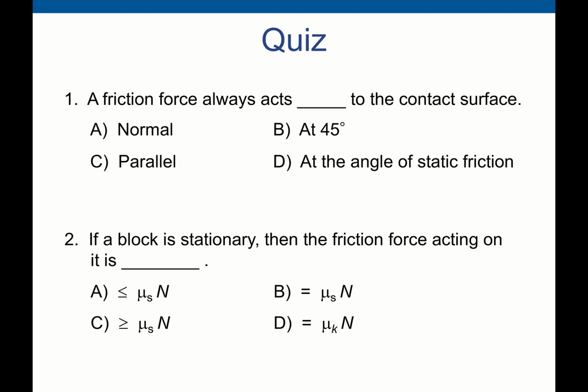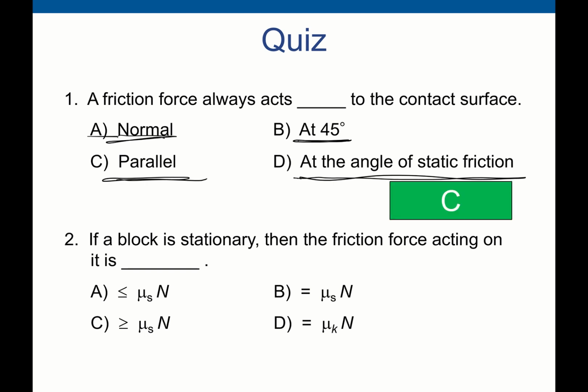Is it normal, at 45 degrees, parallel, at the angle of the static friction? It should be parallel. Okay, friction force always acts parallel to the contact surface.